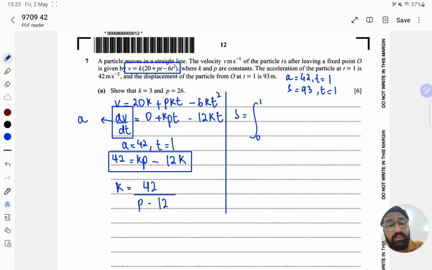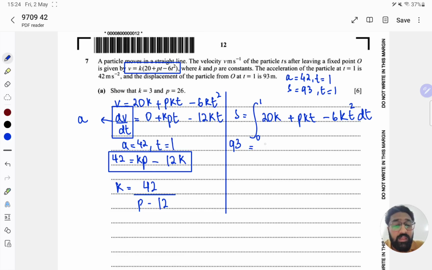So the limits that we will put will be 0 to 1, and the equation will be 20k plus pkt minus kt squared dt. We are aware that the displacement is 93.